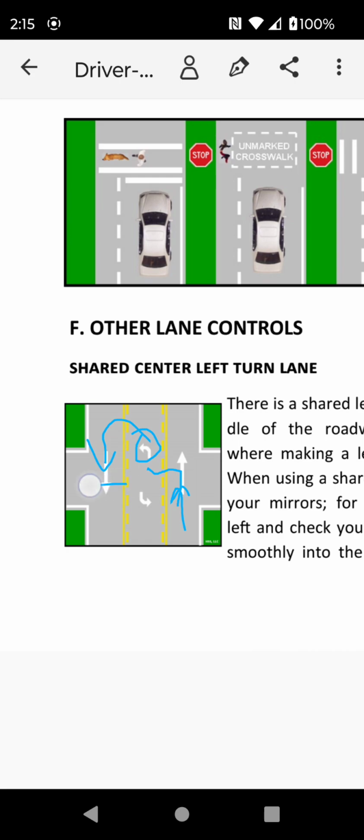I don't know why that arrow is so far away from this intersection, but whatever. Now, for the other people, if you're parked right here, they have to go right here and park here so they can turn that way, depending on if traffic is clear. And that will give you a way to do this or do that.